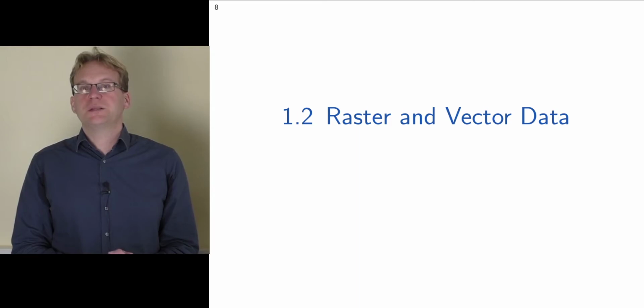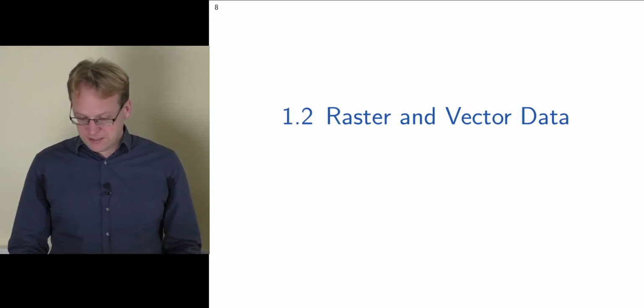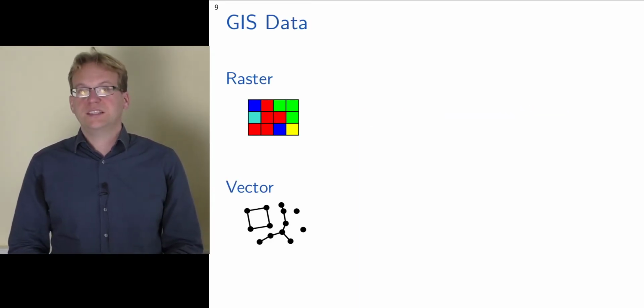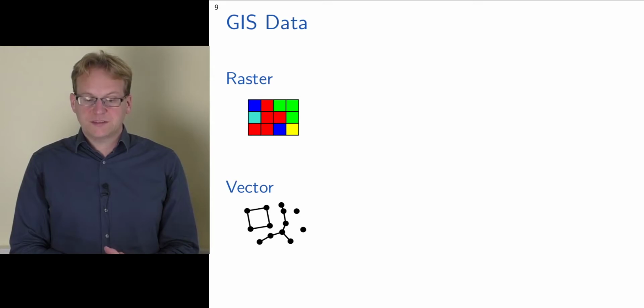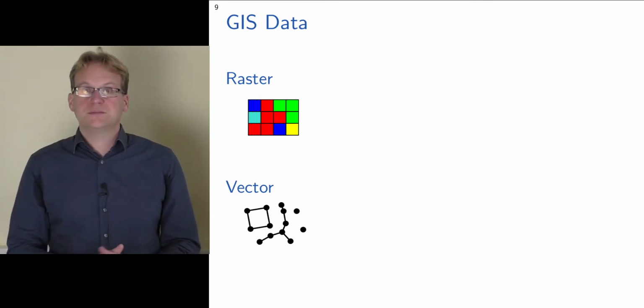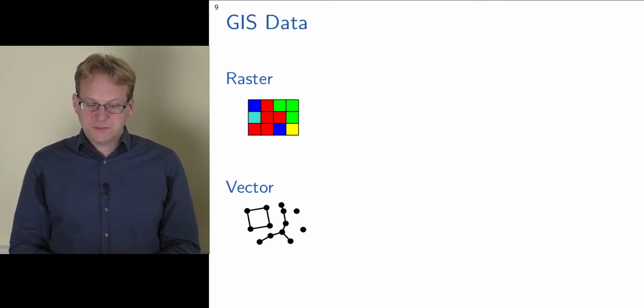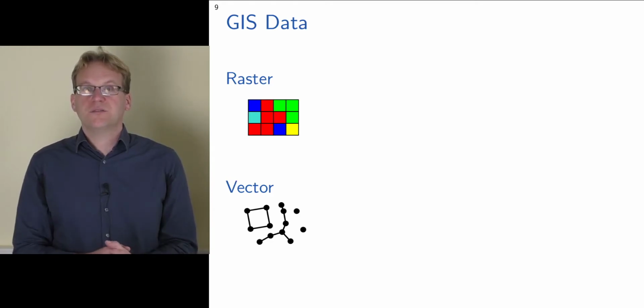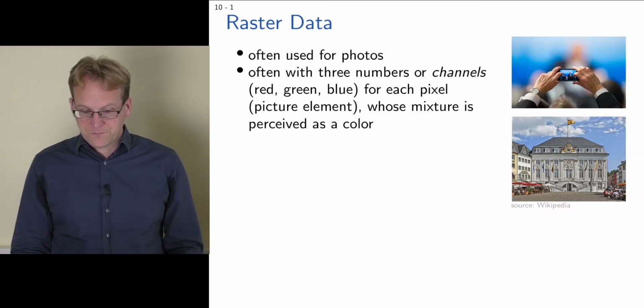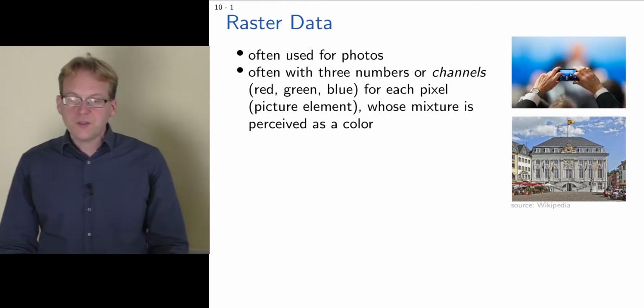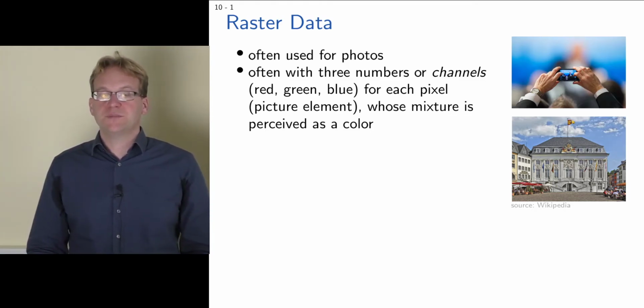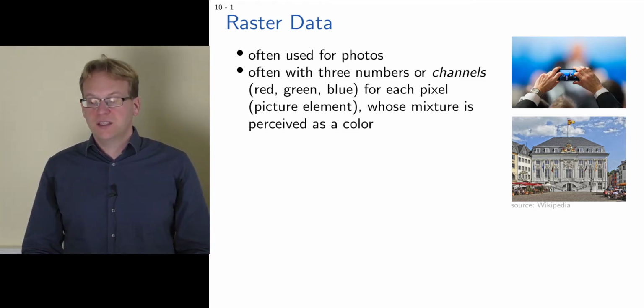And let's talk a little bit more about raster and vector data. So, as I said already, raster means it's basically a matrix with raster elements. And vector means it's consisting of points, lines, and areas. And you know raster data, especially if you take photos with a digital camera, for example.